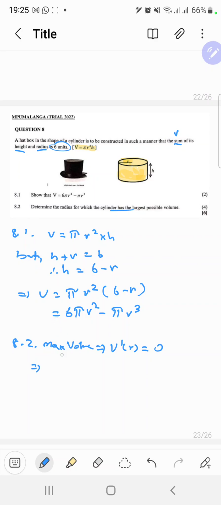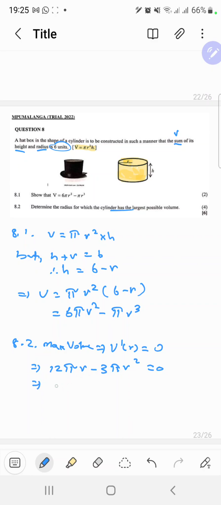Okay? So what does this imply? When we do the first derivative, that becomes 12 pi r minus 3 pi r squared is equal to 0. Remember when you factorize, you take the highest common factor to make life easy.